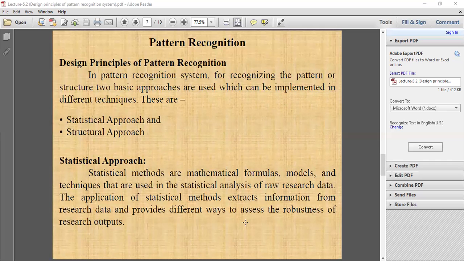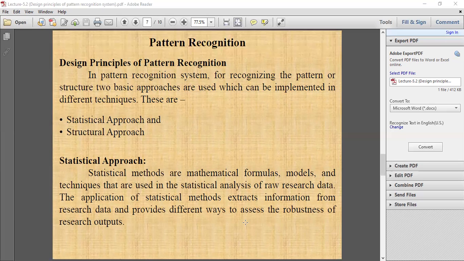The principle of pattern recognition. In a pattern recognition system, for recognizing the pattern or structure, two basic approaches are used, which can be implemented in different techniques. These are the statistical approach and the structural approach.